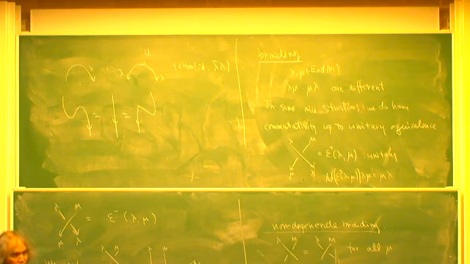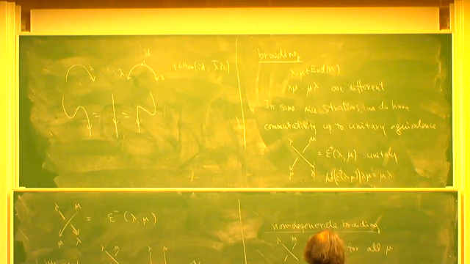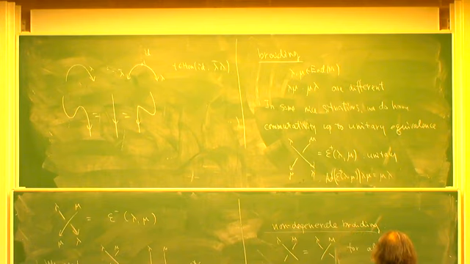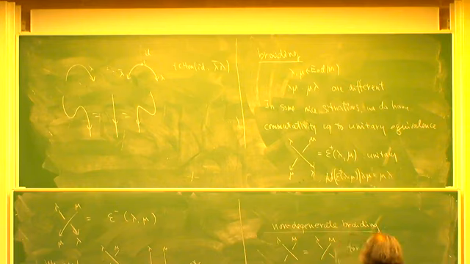So we say that the braiding is non-degenerate if this condition holds. And if we have a non-degenerate braiding on the fusion category, it is called a modular tensor category.